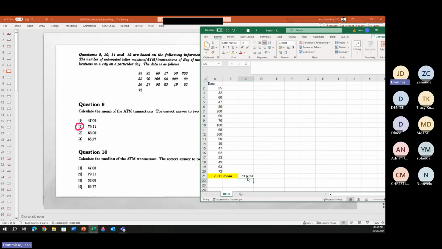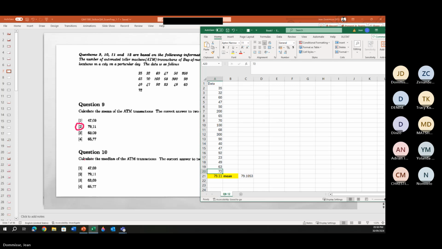And you can see you're getting exactly the same number. But if you couldn't do it on Excel or your calculator, you now need to say 35 plus 32 plus 60 plus. So it does take time if you're not using one of the technology tools that is available.